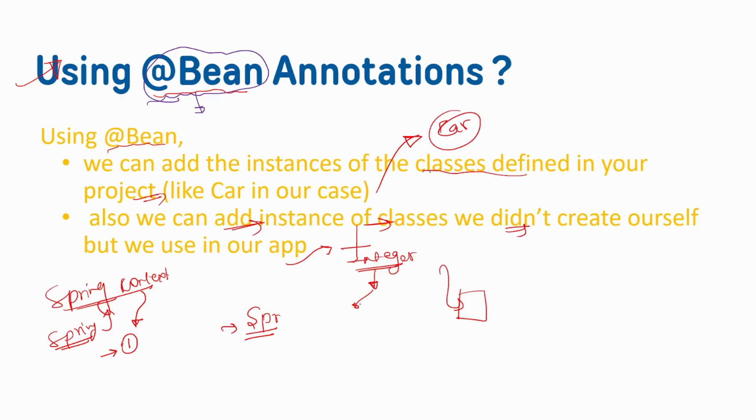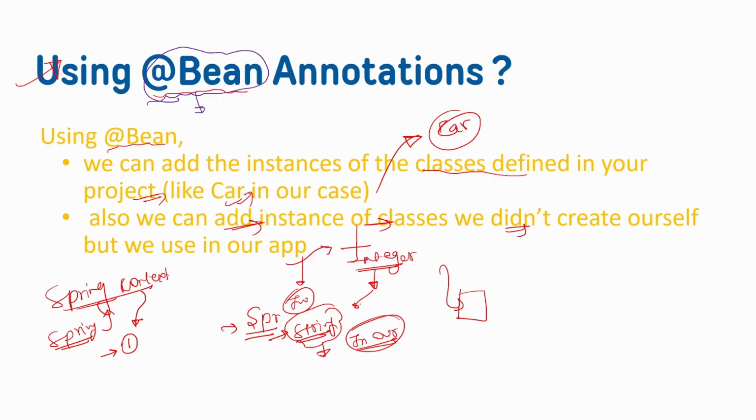So we can add the instance of a class defined in our project, like Car in our example, and also the instance of a class that we didn't create ourselves but want to use in our app. For example, Integer or String are classes that we don't create in our app, but still we can add their instances using the bean annotation.